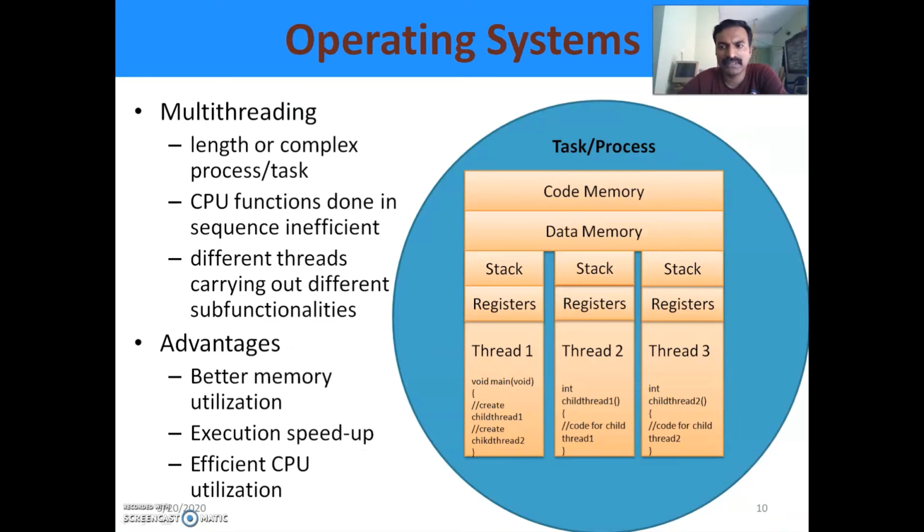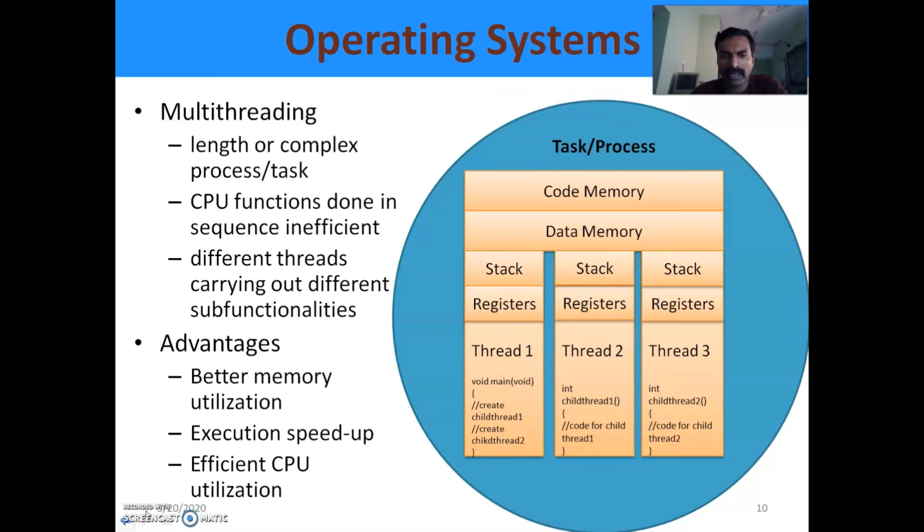We will see something more. This is what happens inside a process. There will be multiple threads. Here you can see in the figure there are thread 1, thread 2, thread 3. In this case, thread 1 is creating 2 child threads, thread 2 is child thread 1, and thread 3 is child thread 2.